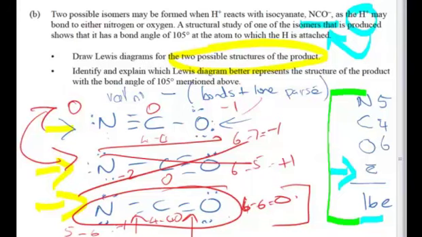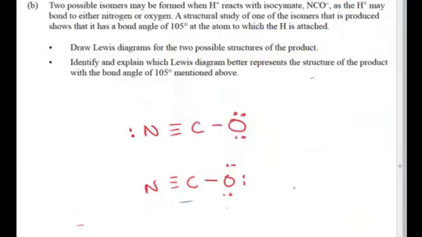Okay, now just redrawing this, I'm going to do that exactly the same to start with, but if we have an H plus come in from this side, I'll get rid of that lone pair of electrons and that'll end up bonding an H to there.